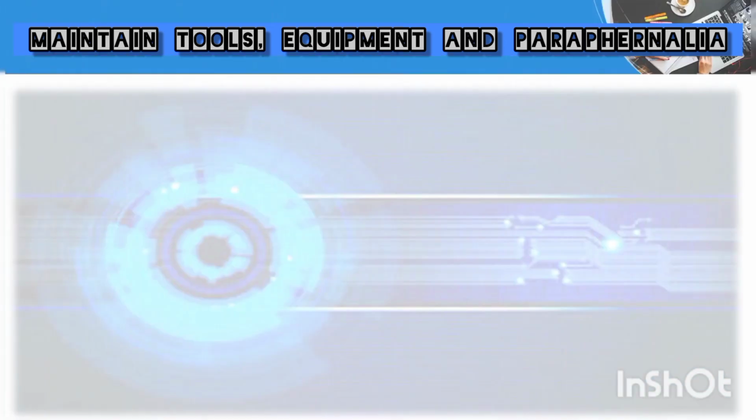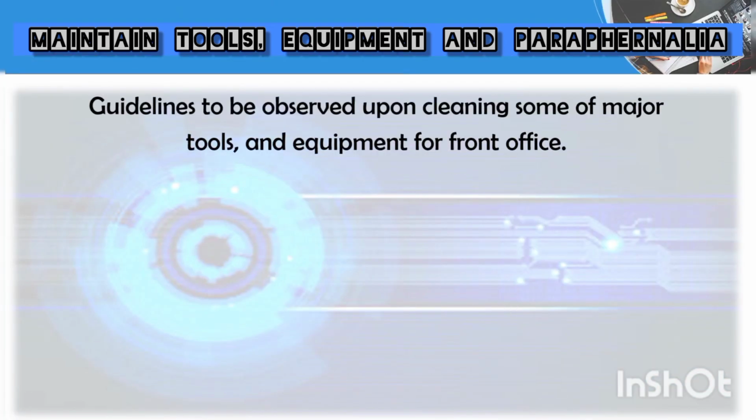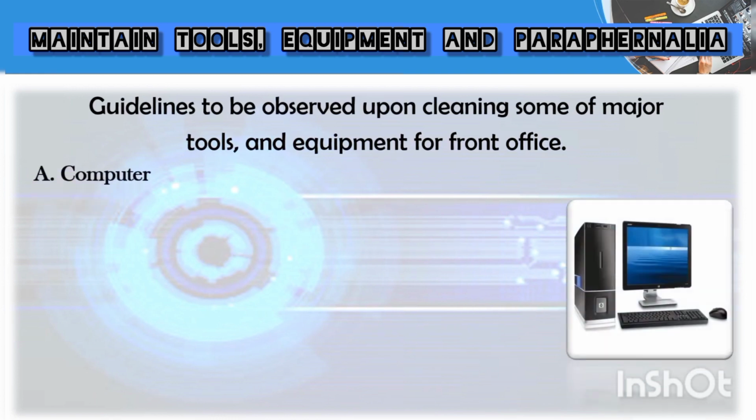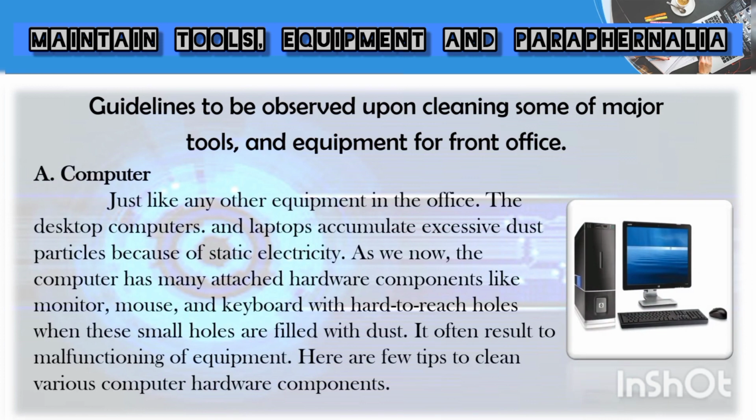Now class, here are the guidelines to be observed when cleaning some of the major tools and equipment for the front office. A. Computer. Just like any other equipment in the office, desktop computers and laptops accumulate excessive dust particles because of static electricity. And as we know, the computer has many attached hardware components like the monitor, mouse, and keyboard with hard-to-reach holes.